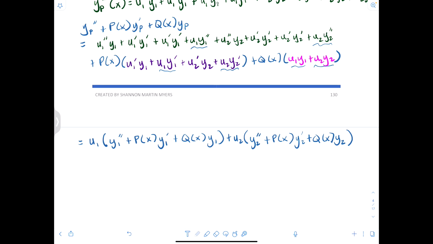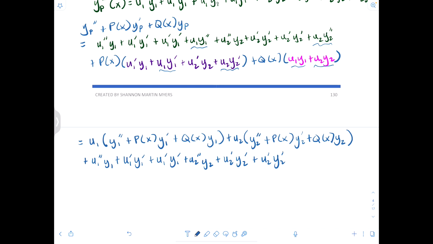So we still have plus u1 double prime y1 plus u1 prime y1 prime plus another u1 prime y1 prime, we'll be using that, plus u2 double prime y2 plus u2 prime y2 prime and another u2 prime y2 prime.